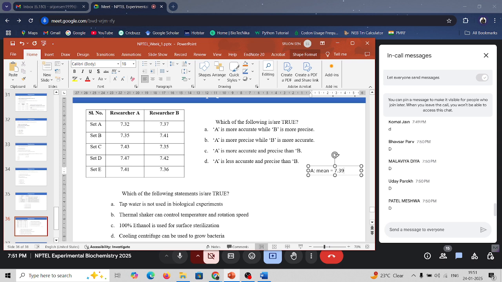Something like that, and you're getting an SD of... SD. On the other hand, for B, the mean.